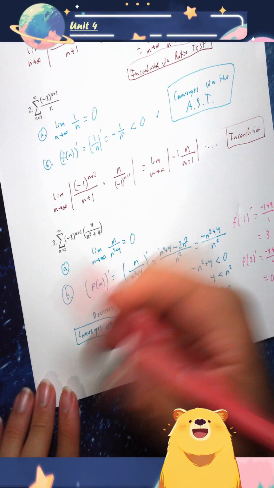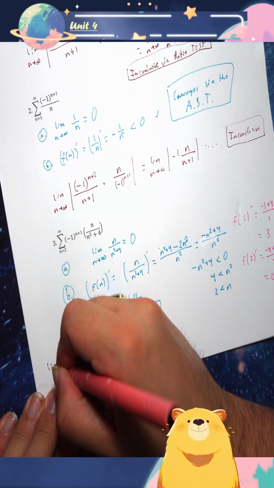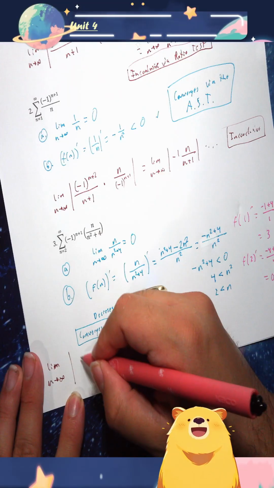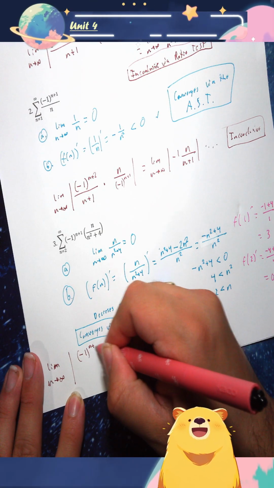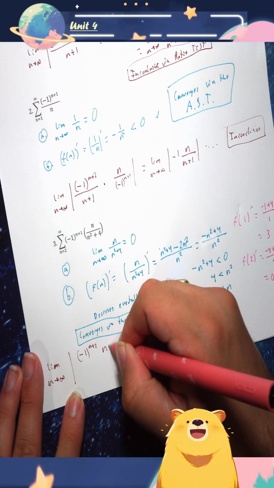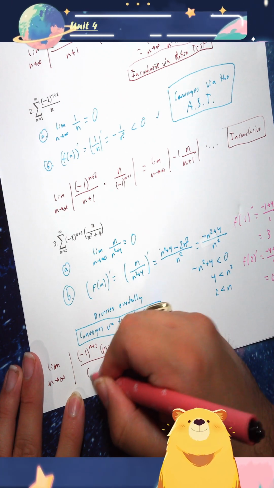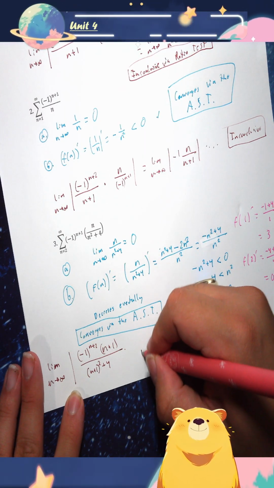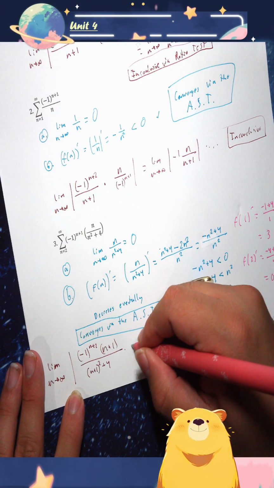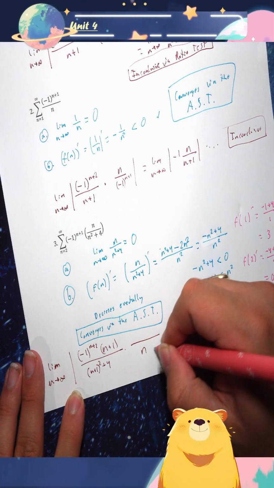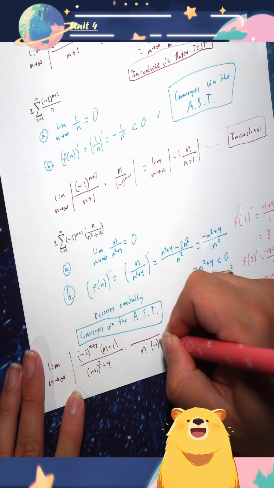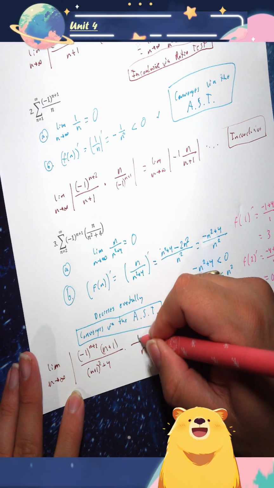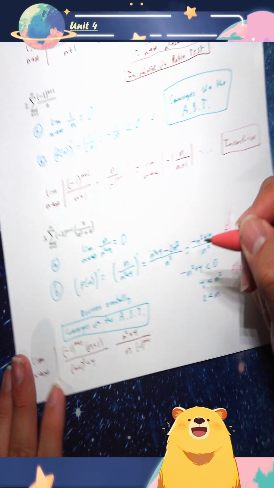But let's just try it. We take the limit as n goes to infinity of this whole expression, negative 1 to the n plus 2, n plus 1 over n plus 1 squared plus 4, times the negative 1 to the n plus 1, and on the top is n squared plus 4.